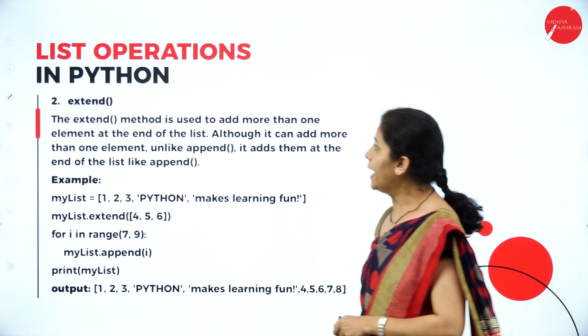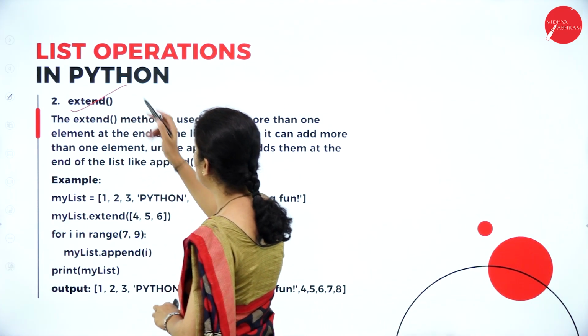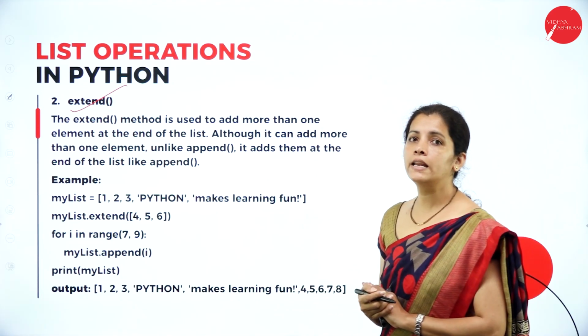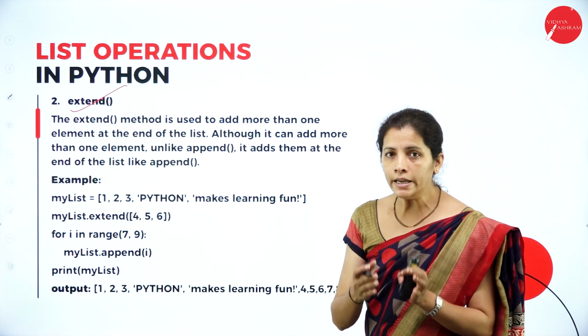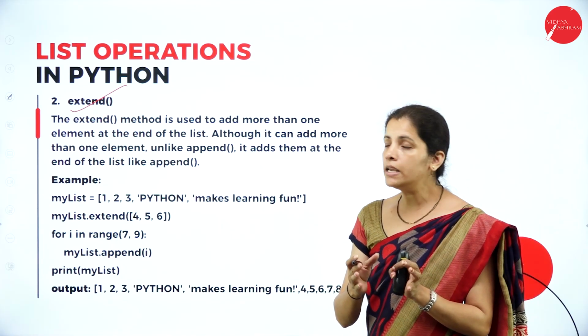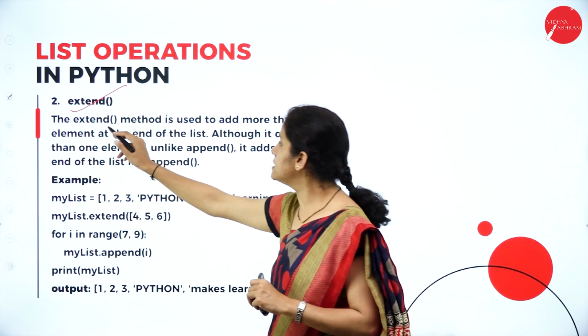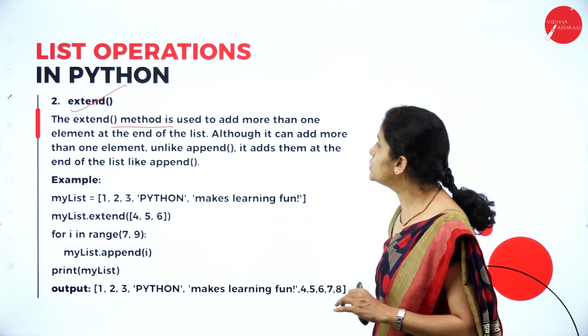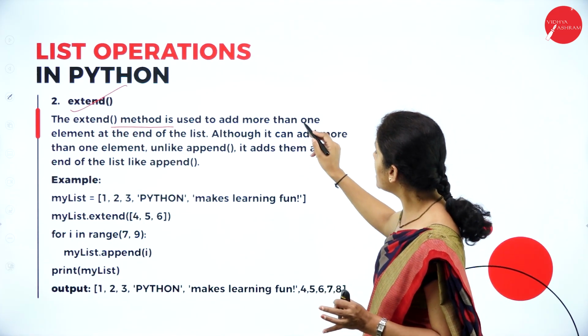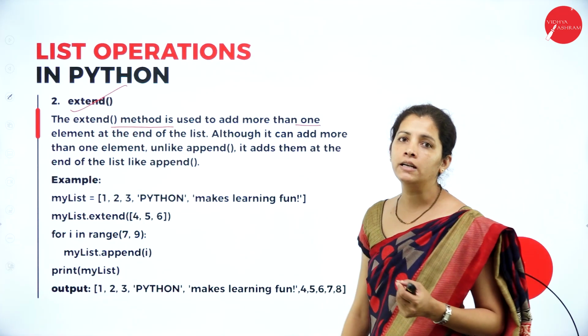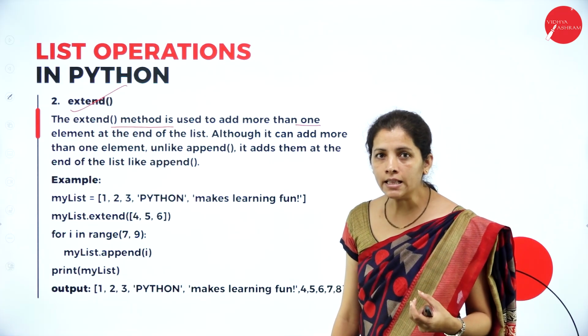Now, extend. So what is extend? As the name itself indicates, extend the capacity of the list. Extend is a method used to add more than one element at a time. So extending in the sense what?